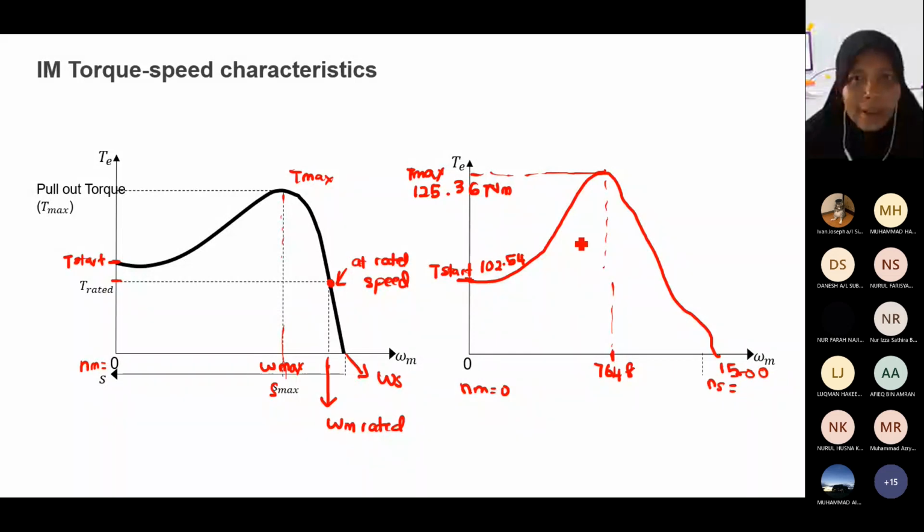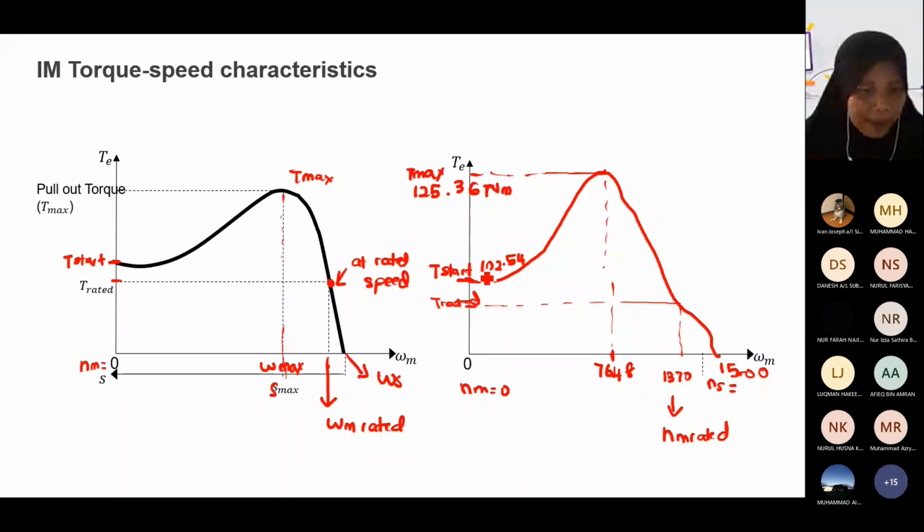You also calculated for the rated torque at the speed of 1370. So this is your Nm rated. Berapa dapat tadi rated torque? 48.29, kan? Okay, this is your rated torque.